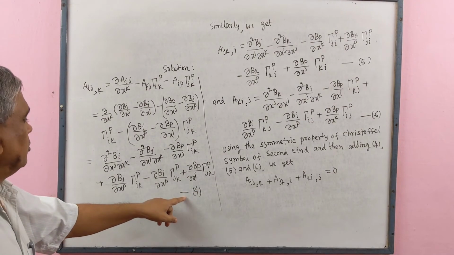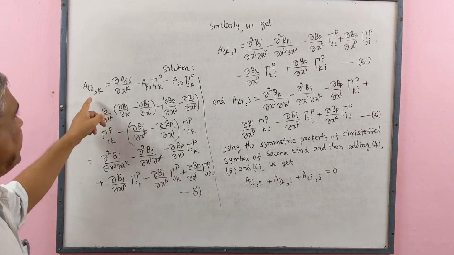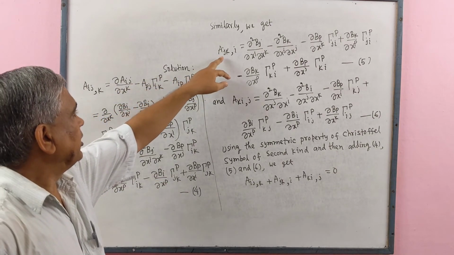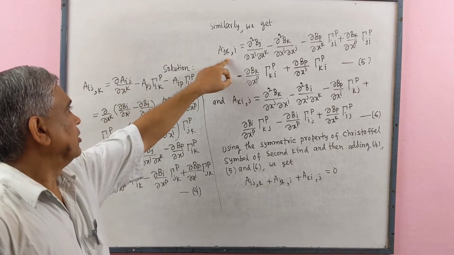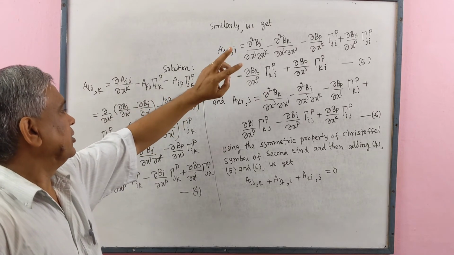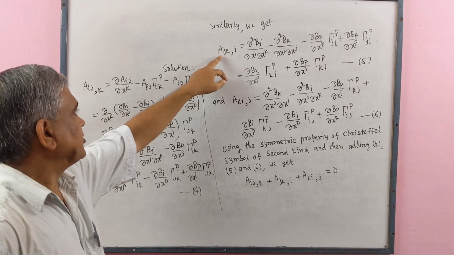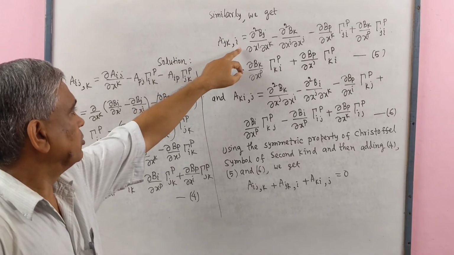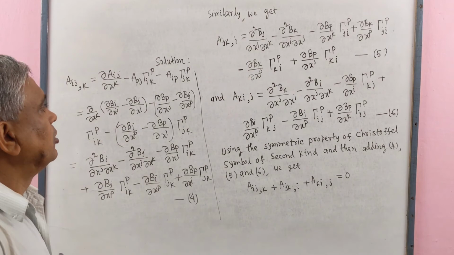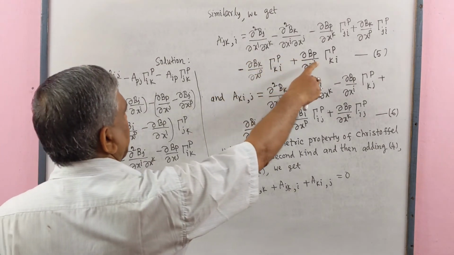Similar to equation 4, we get the value of a_jk,i, that is the covariant derivative of the covariant tensor a_jk with respect to x_i, equal to this. This is equation 5.